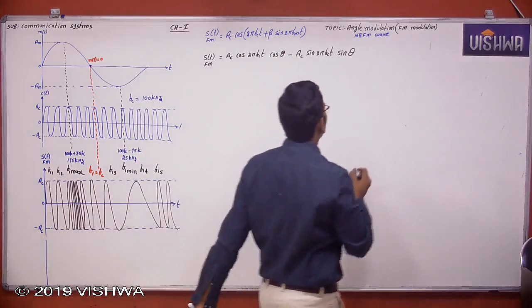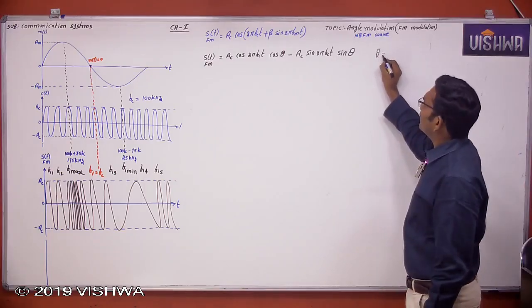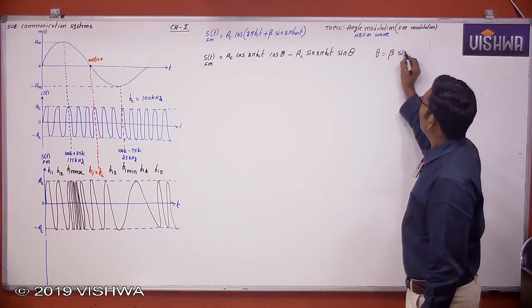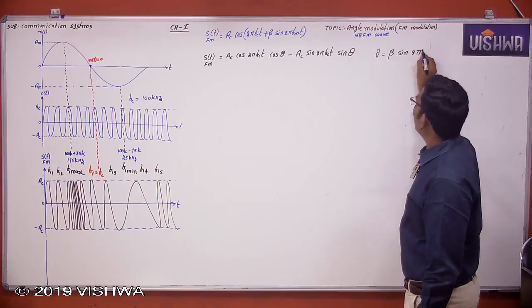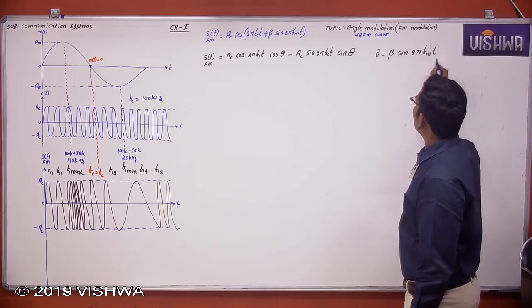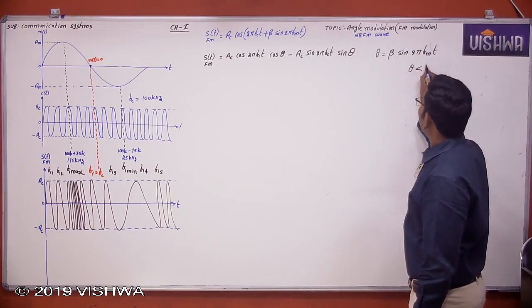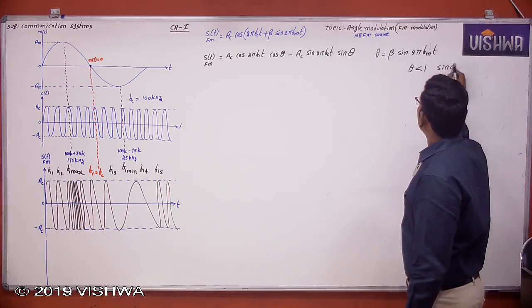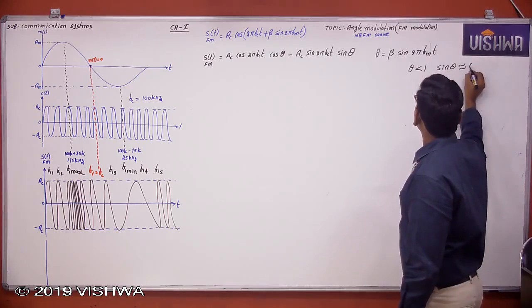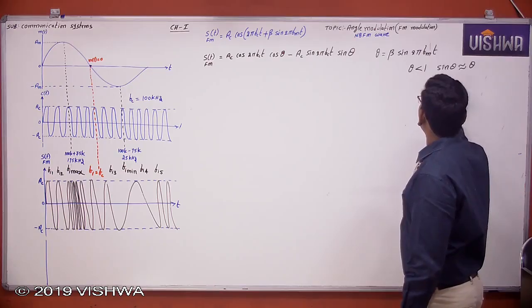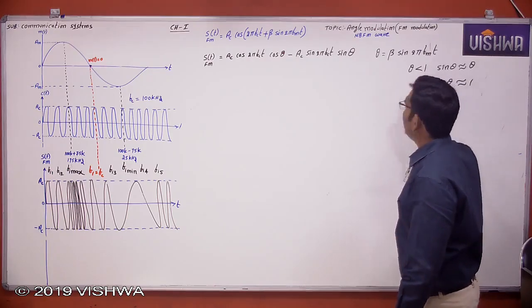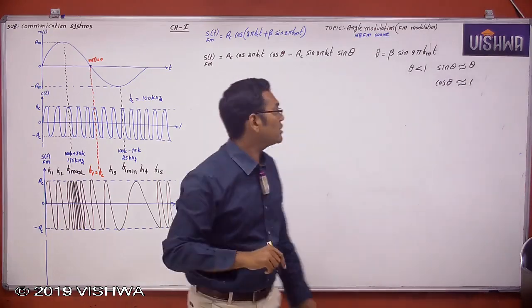Now let us assume theta is equal to beta into sin 2 pi fm t. You know that when theta is far less than 1, a small value, sin theta is approximately theta and cos theta is approximately 1.